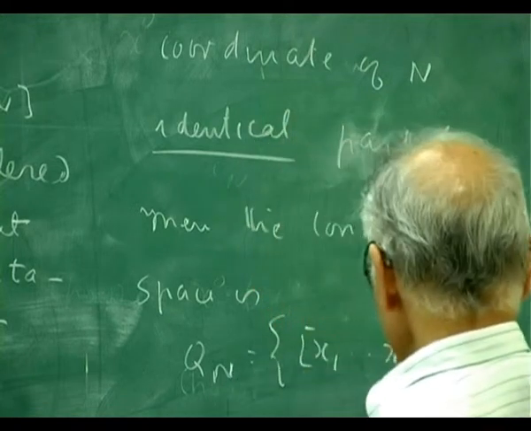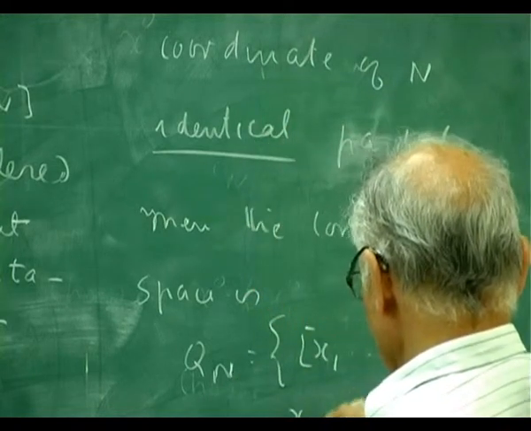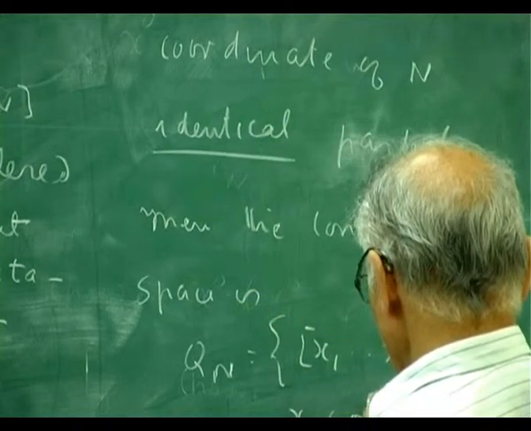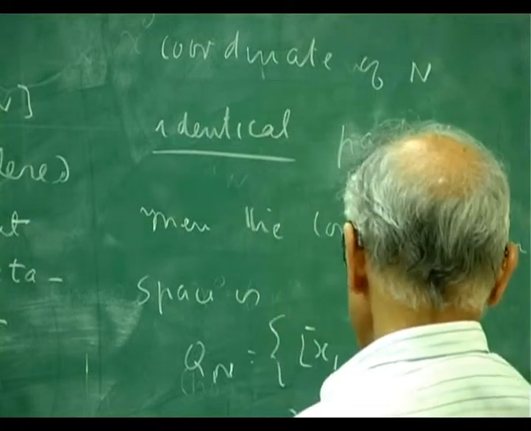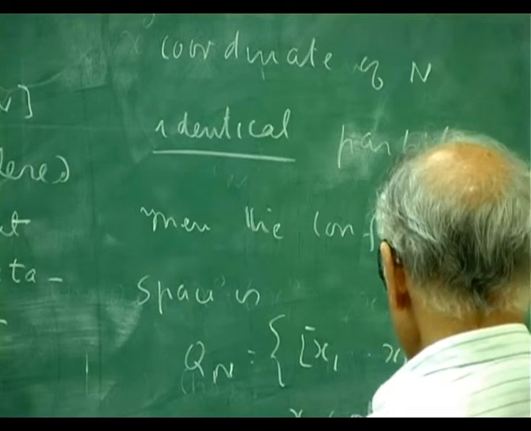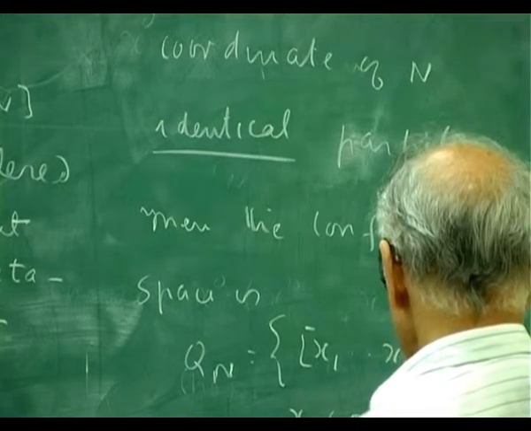So it consists of xi in Rm, xi is not equal to xj, i is not equal to j.